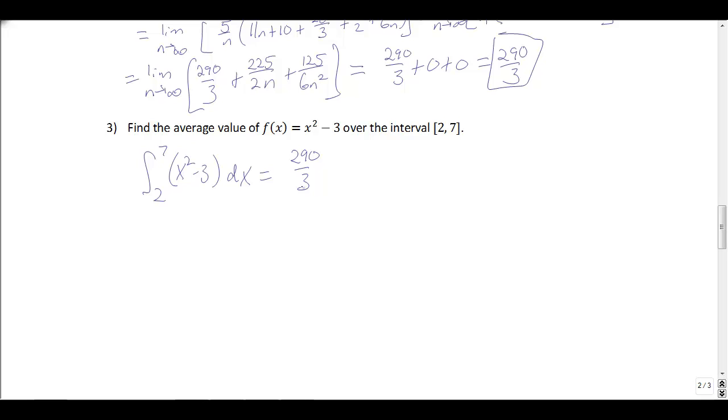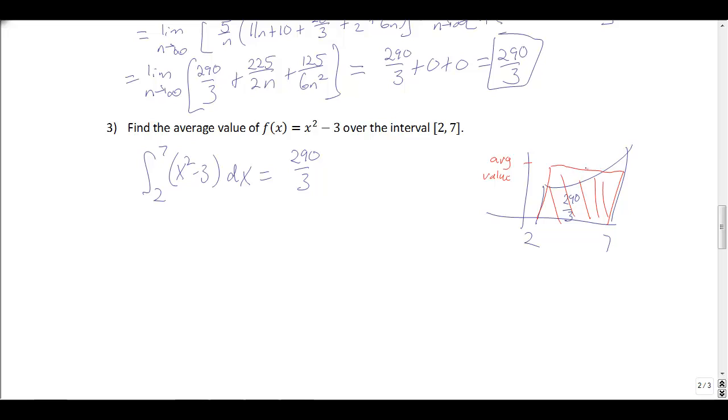Now if I want to find the average value, from 2 to 7 the area is 290 over 3. One way to think about the average value is that I'm looking for some height up here, my average value, so that if I replaced this graph with a rectangle with that height, but with width 5, it would have the same area.